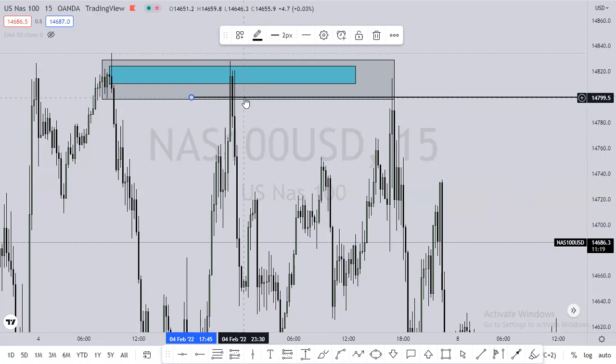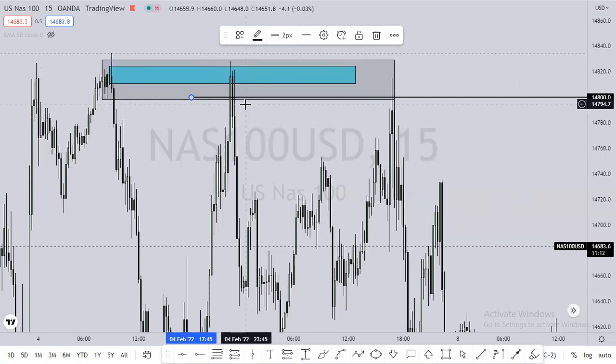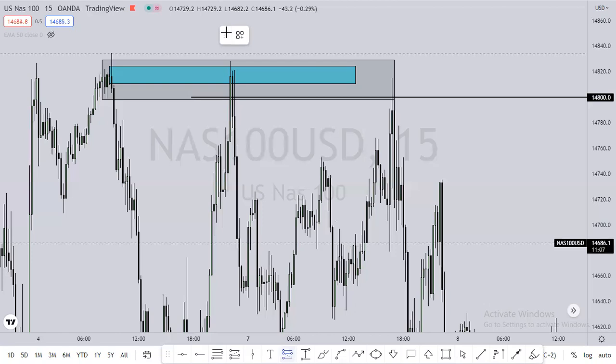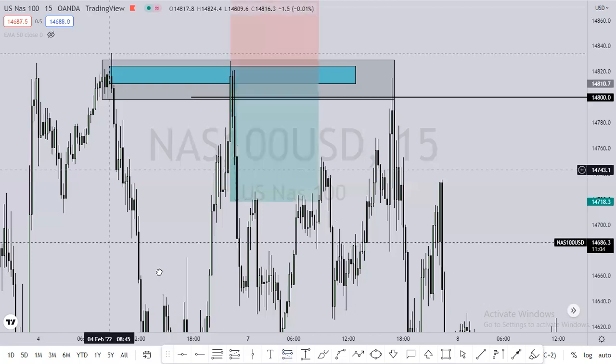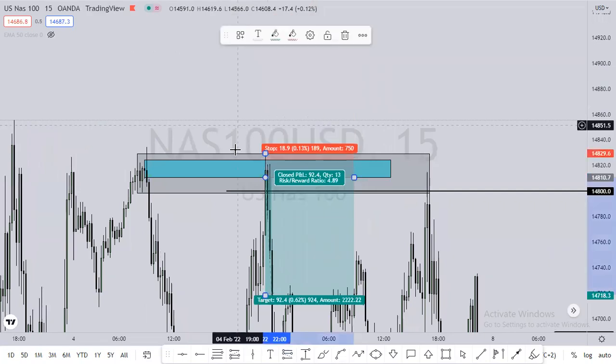We use them, right? But our criteria for entries is we just look to enter off the 15-minute OB. Yes, if the 15-minute OB does correspond to a 00 level or a 50 level, great, more confluence. But we shouldn't really rely on the zones.